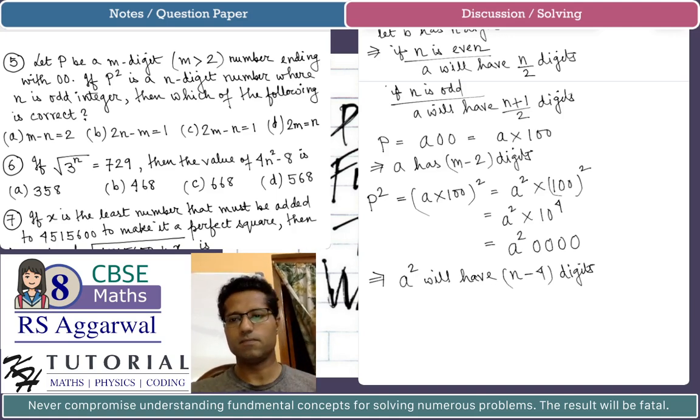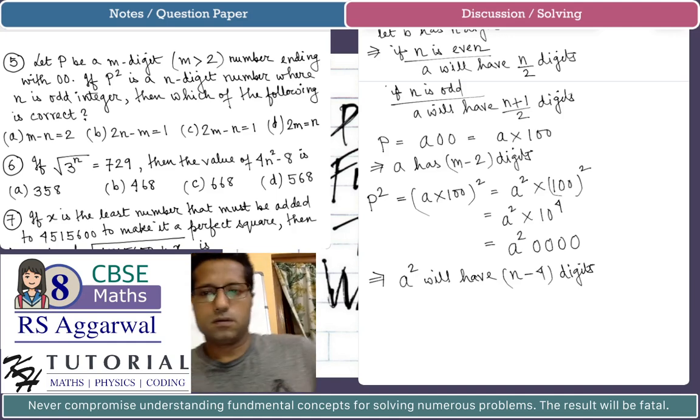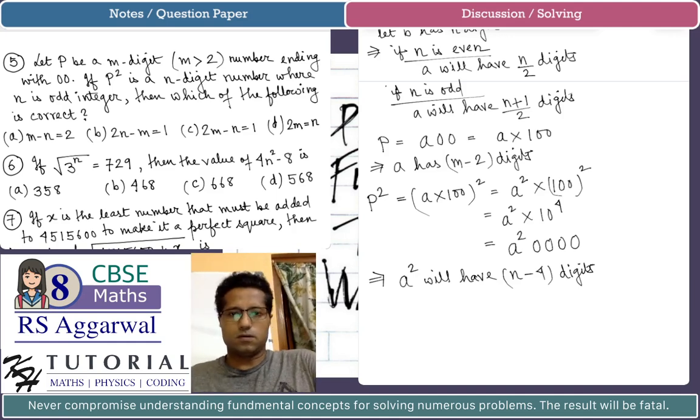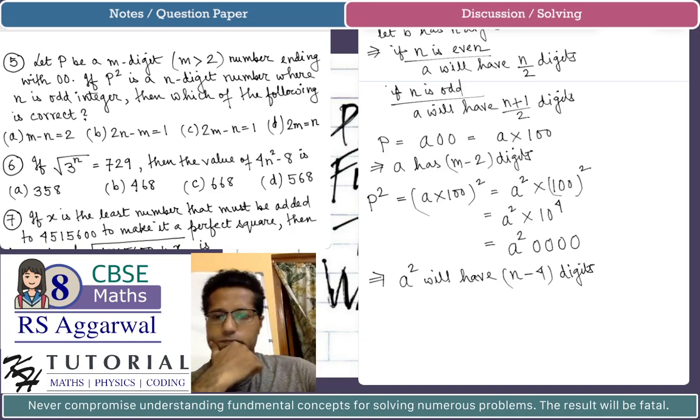It is having n minus 4 digits. Okay. Now A square will have n minus 4 digits.